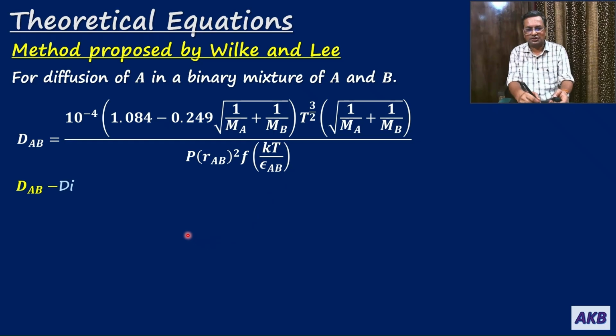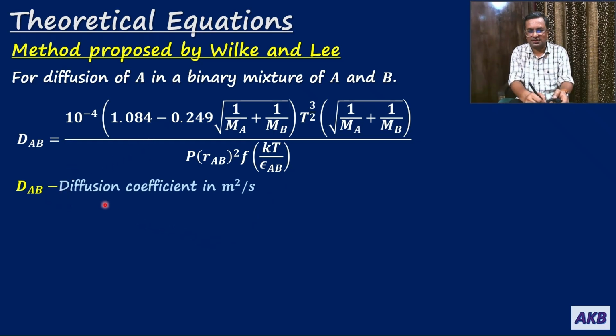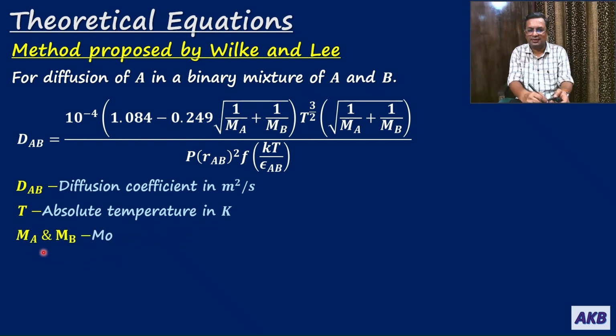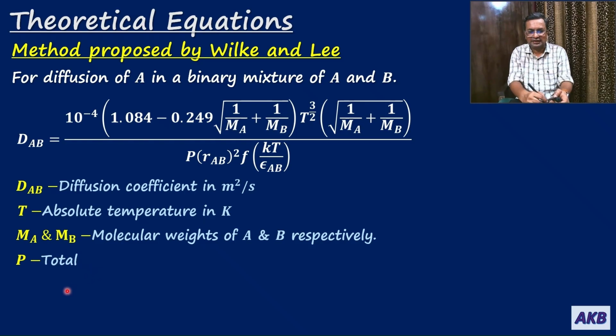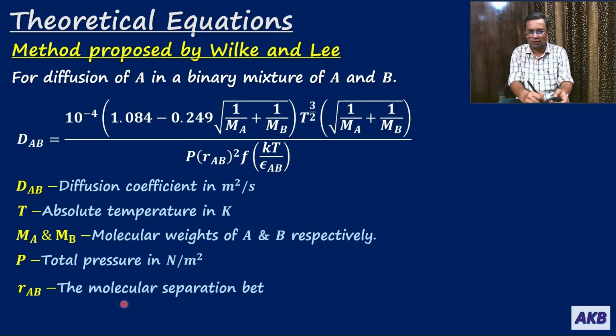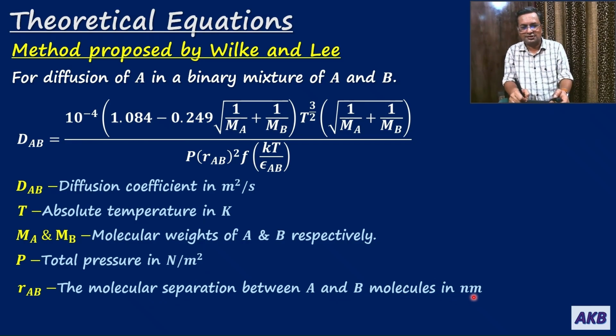Now what are the terms involved? Let us understand. DAB is the diffusion coefficient, as you know. You will be getting it in meters squared per second. Then T is the absolute temperature in Kelvin. MA and MB are the molecular weights of A and B respectively. P is the total pressure in Newton per meter squared. RAB is the molecular separation between A and B molecules, and it is given in nanometers.